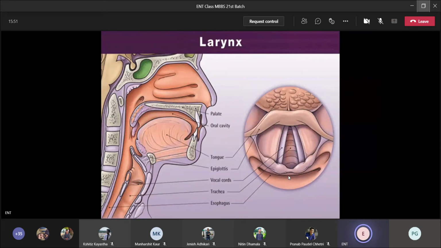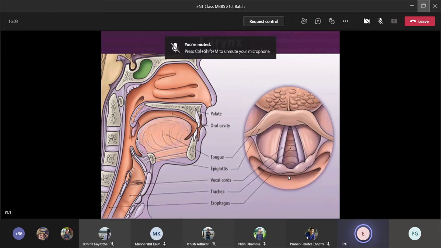So you look in the diagram. This is the anatomy of the larynx, and there are two photos there. One is the larynx, another is the larynx and neck. So the upper labeling shows the mouth, oral cavity, tongue, epiglottis, vocal cord, trachea.